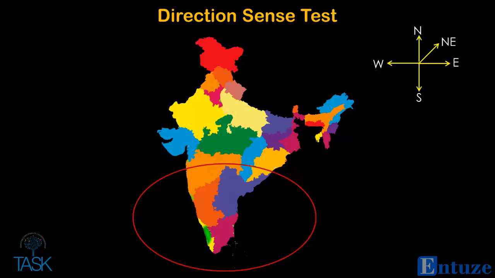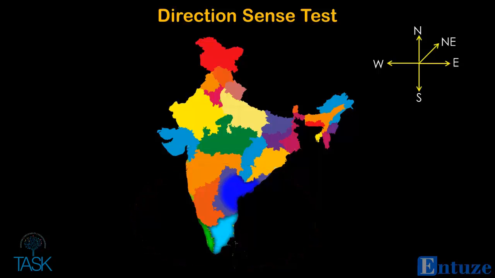Kerala, Tamil Nadu, Telangana, Karnataka are all southern Indian states. Similarly, which states are located in the northeast of India? We see Assam, Arunachal Pradesh, Nagaland, Mizoram, Manipur, etc.